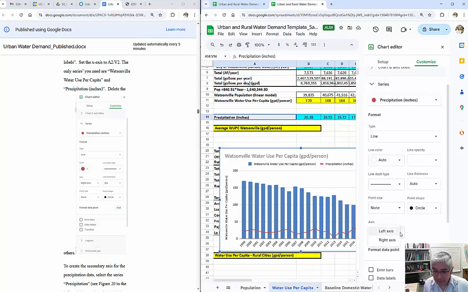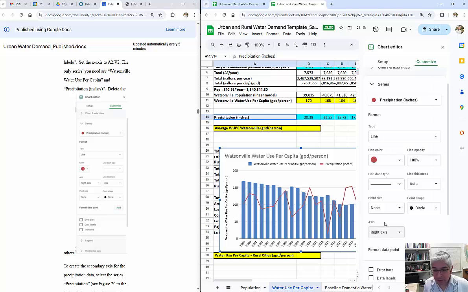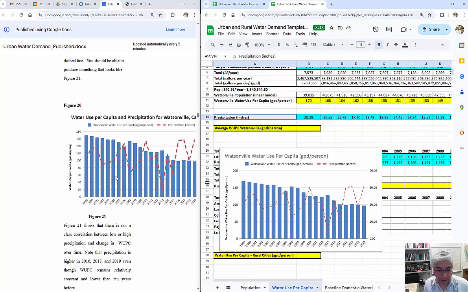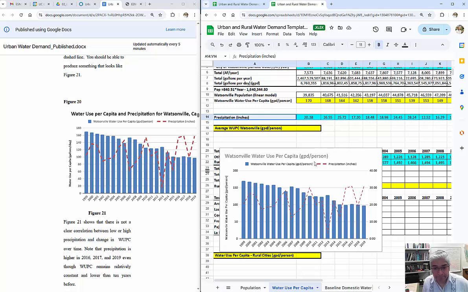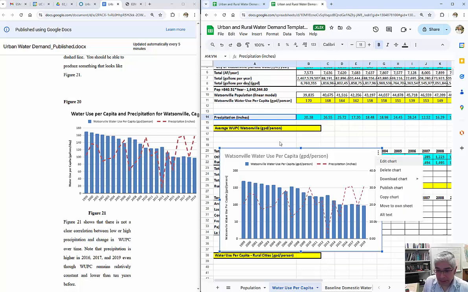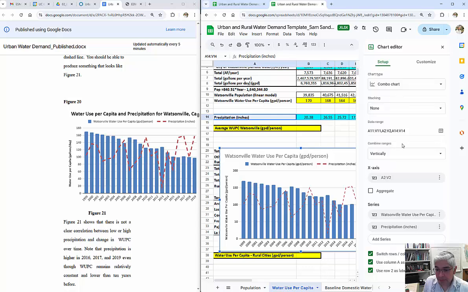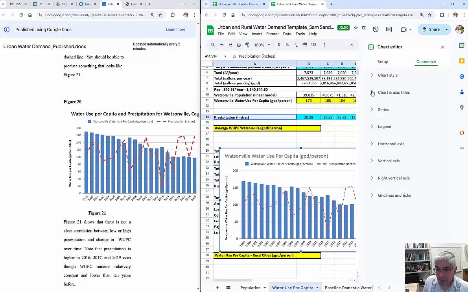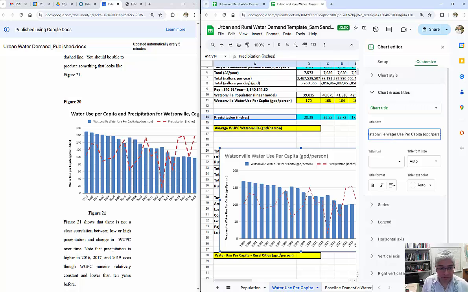Right now it's on the left axis, so in order to put it on a secondary axis, I will put it on the other side. I click here, right axis, and in this case I would like to have a dash line. And ta-da! We have it in there. Here, something we can do is it should be water use per capita and precipitation.